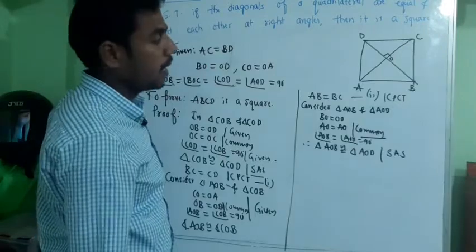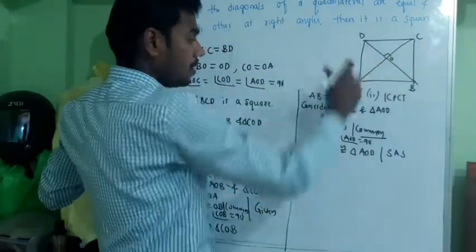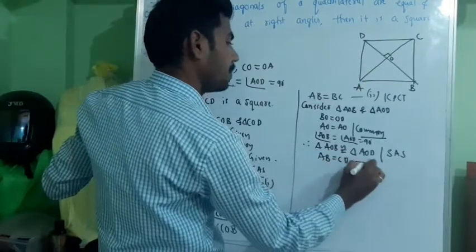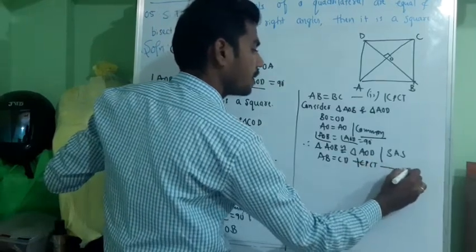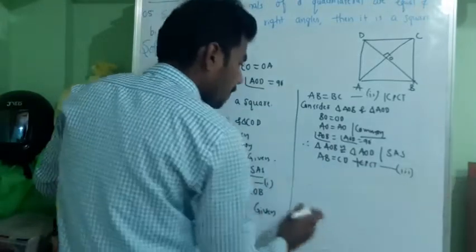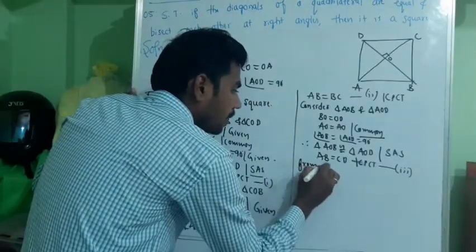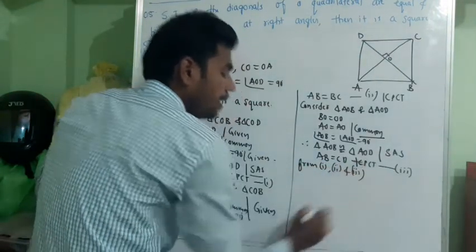Now what can I say? AB is equal to CD. This is because of CPCT. I can call it equation number 3. Now from 1, 2 and 3, what can I write?